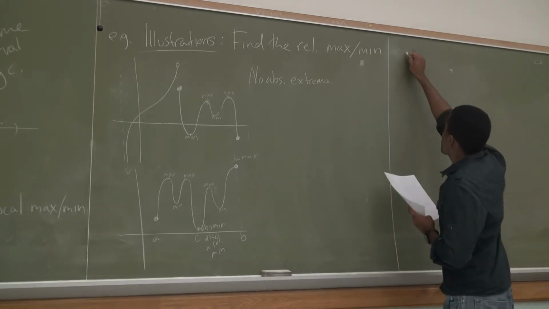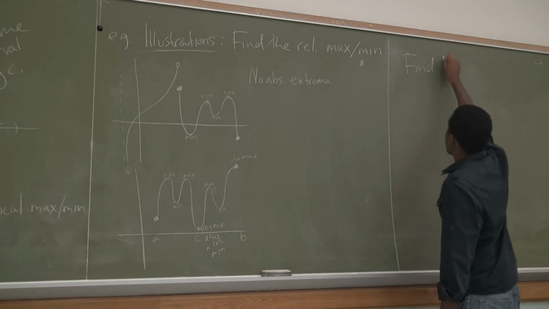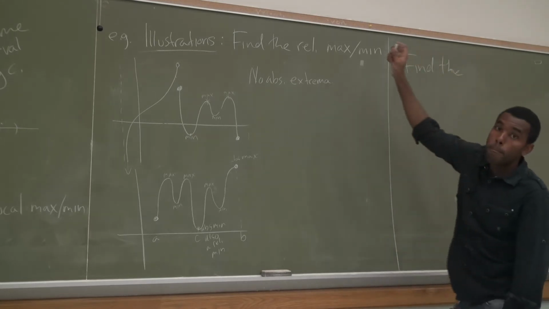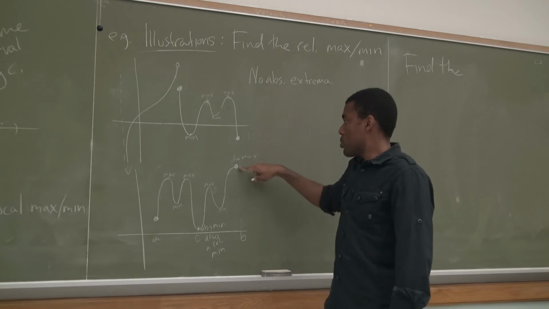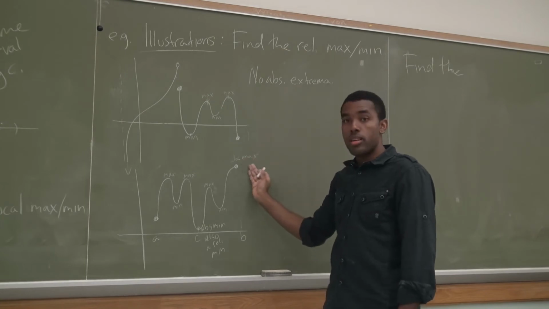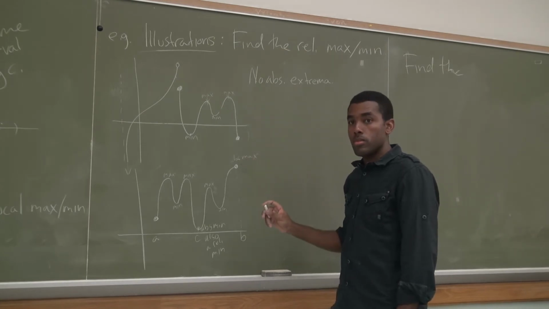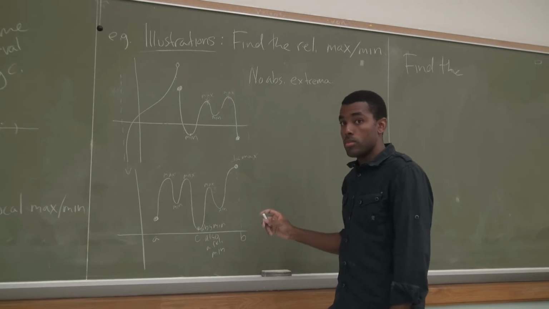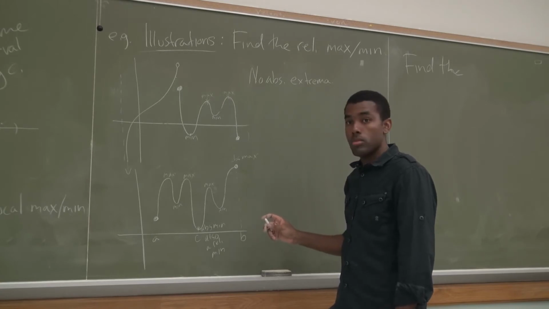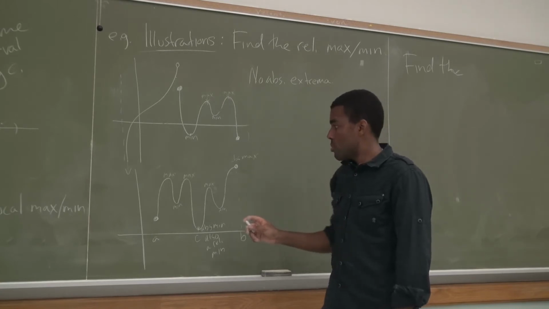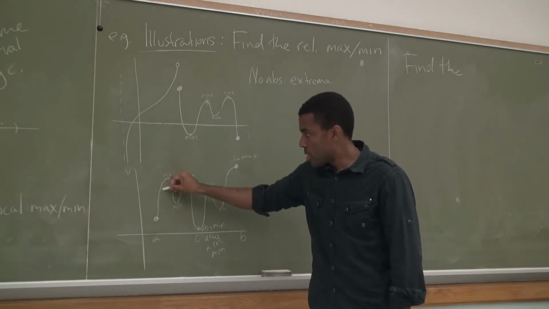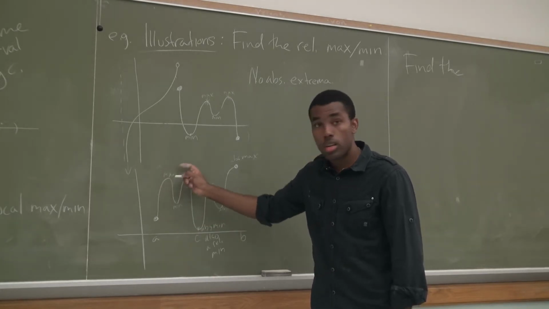Is the absolute max also a relative maximum? This one is not, because there's no one on the right side. Okay, but the one on the left side that you said is the relative maximum, there's also nothing? No, there is something to the left side of it. This is part of the curve here.